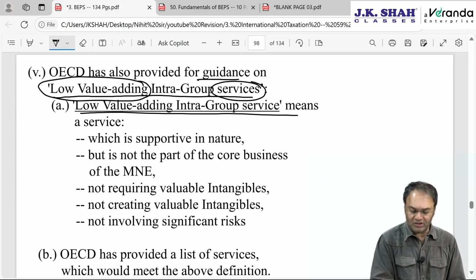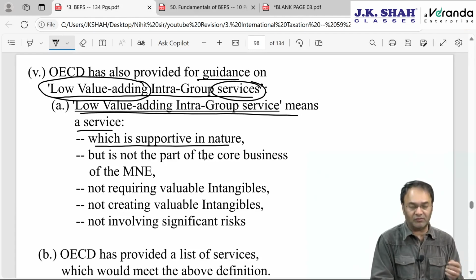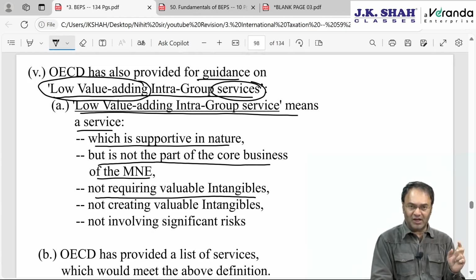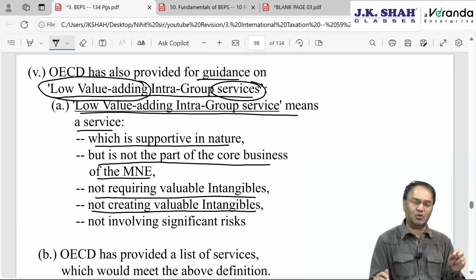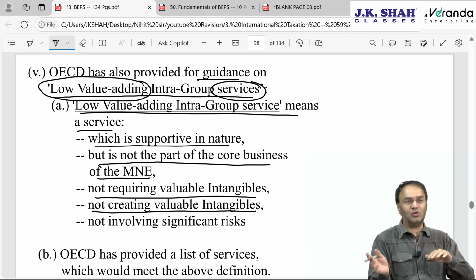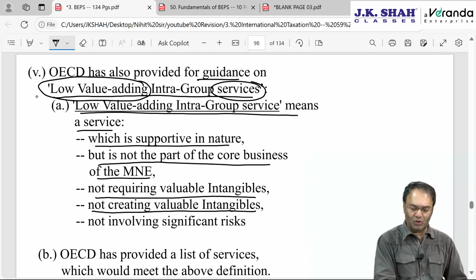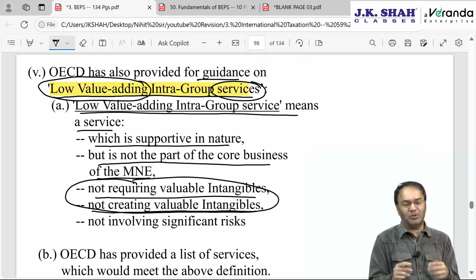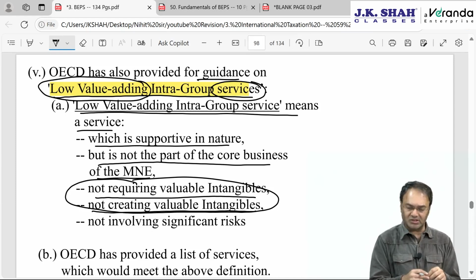So low value adding intra-group services basically means those services which are supportive in nature. Back office services are not part of the core business of the MNE, not requiring valuable intangibles, not even creating valuable intangibles. Once our institute asked an MCQ where on the left hand side they had given low value adding intra-group services and on the right hand side they had given these two: not requiring valuable intangibles, not creating valuable intangibles.